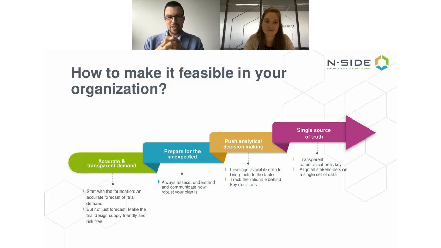And last, but certainly not least, it's kind of been throughout everything that we've been discussing here, is having this single source of truth and transparent communication throughout. It's very important that everyone is a true stakeholder in all the different parts of the supply chain, even though your focus might be only on a specific piece of it, but understanding what is best for the big picture, how my decisions will impact other people, how I will be impacted by the decisions of other people, is very key.